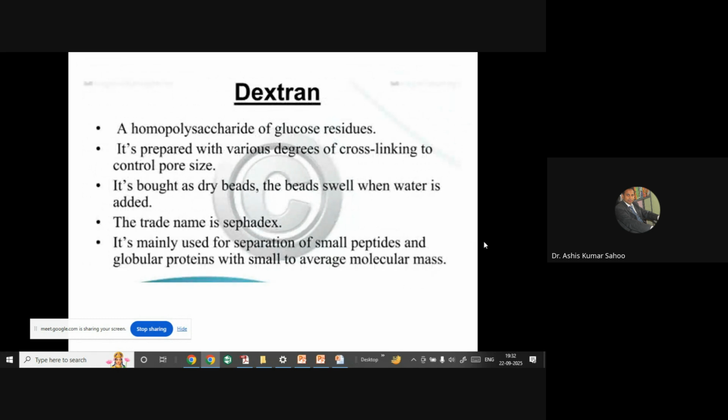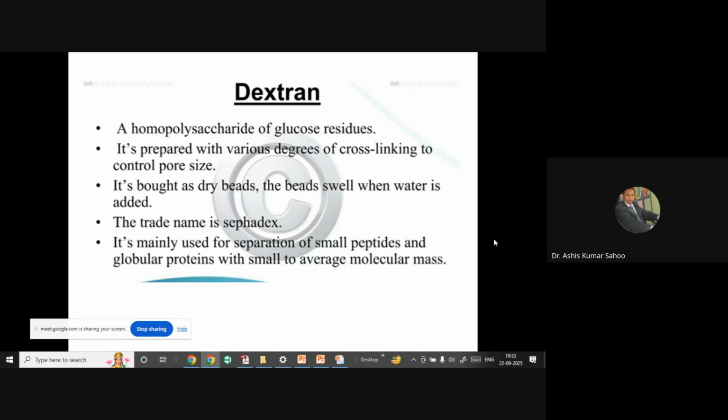What is dextran? A homopolysaccharide of glucose. It is prepared with various degrees of cross-linking to control pore size. It is bought as dry beads, and water is added to swell them. The trade name is Sephadex, mainly used for separation of small peptides and globular proteins.